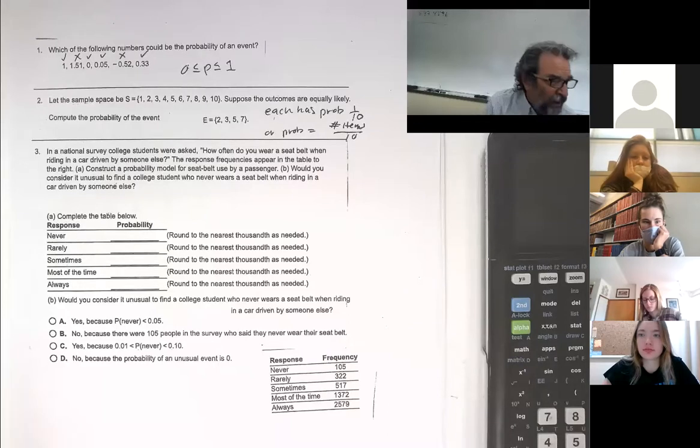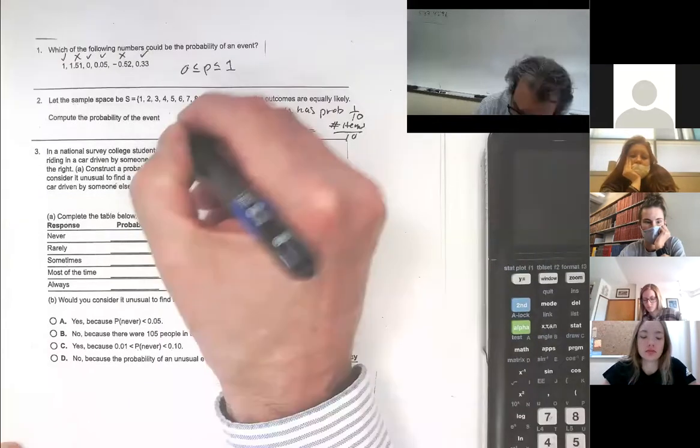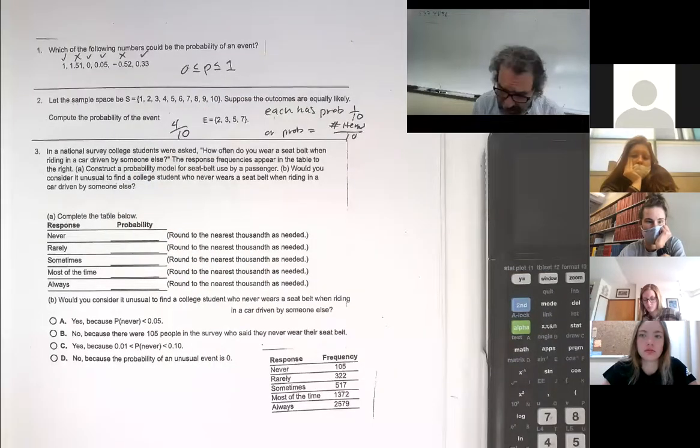And since there's 10, the probability of 2, 3, 5, and 7 is 1/10 4 times, or just 4 divided by 10, 4/10. Those are 4 of the 10 equally likely outcomes, provided I see them all. I think I do, yeah.